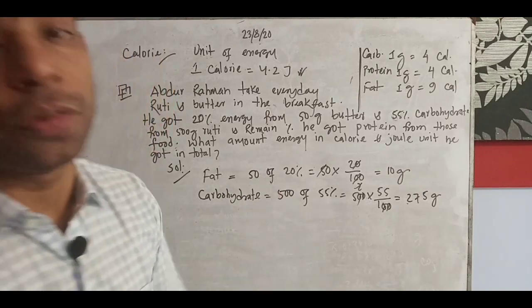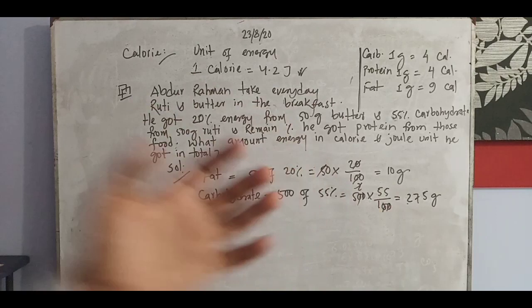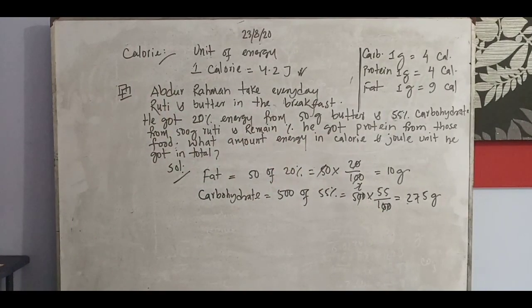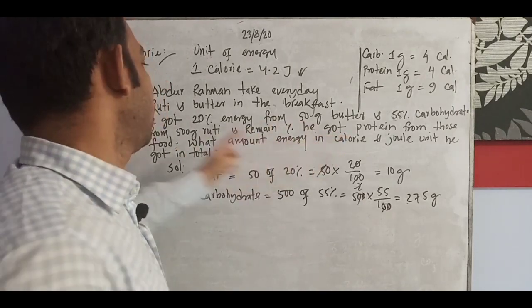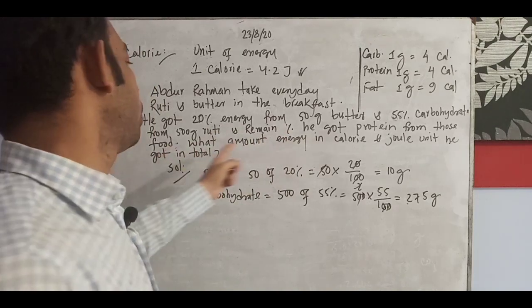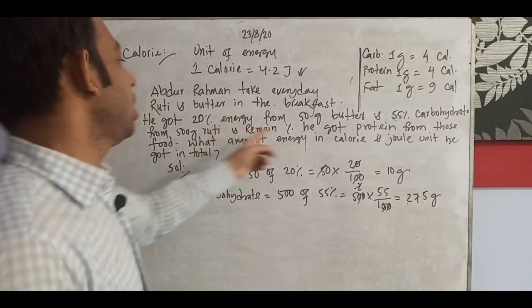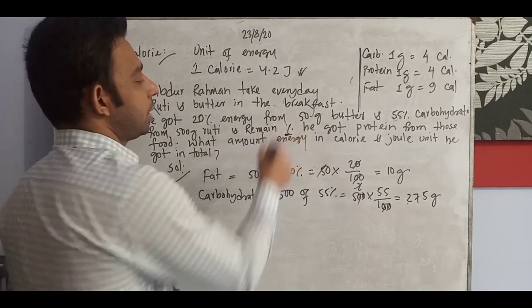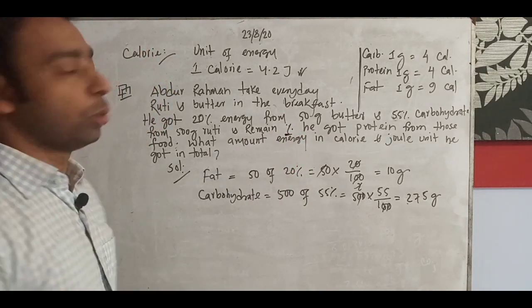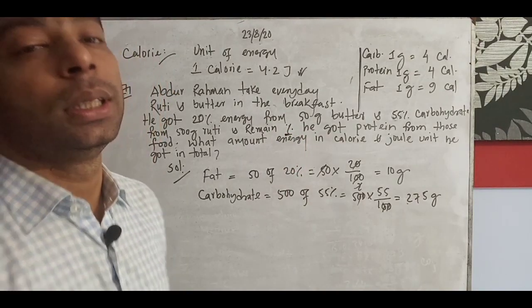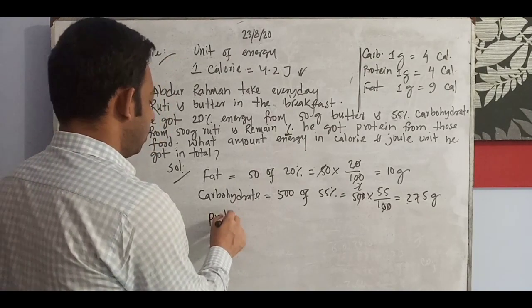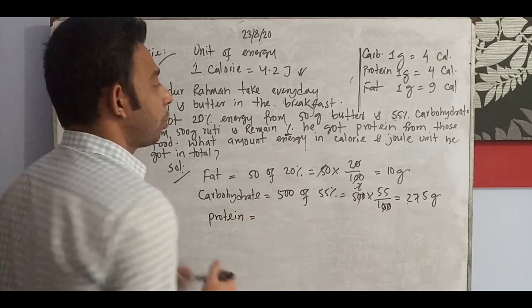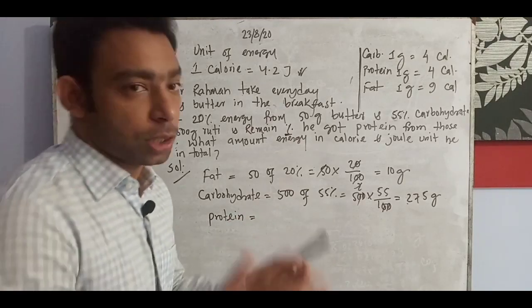But the third one is very important for understanding, because the third one is mentioning protein. He got protein from those foods, the remaining percentage. Those foods means a mix of both, not specific.